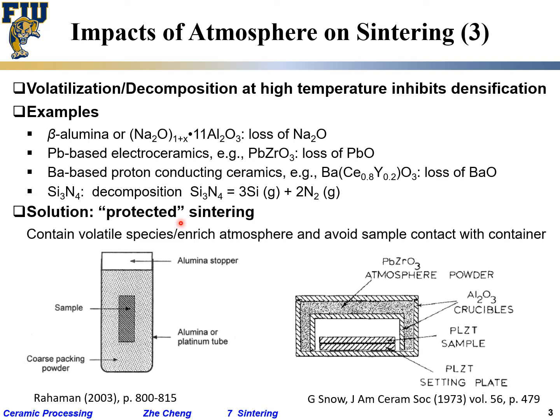You are immersing the material with a lot of other material that provides the species that is going to be lost. Make sense? Here we have your sample, an aluminum stopper, and coarse pack powder. The same material, but you are packing it around the sample, loosely packed, so that you provide the atmosphere so that this part does not lose as much.